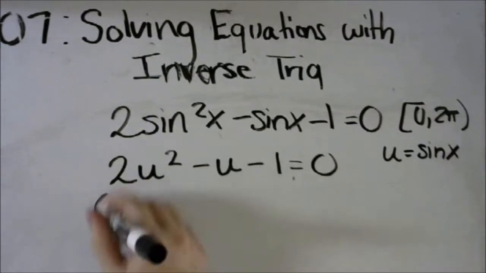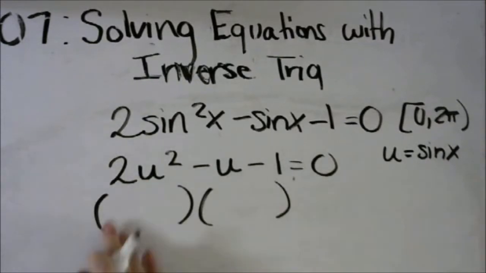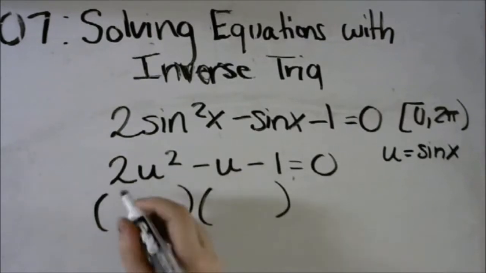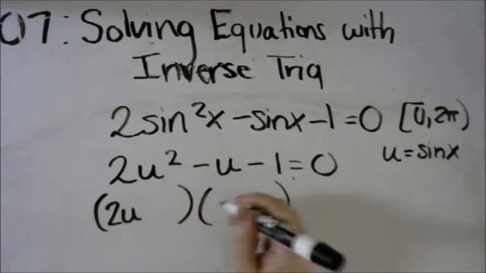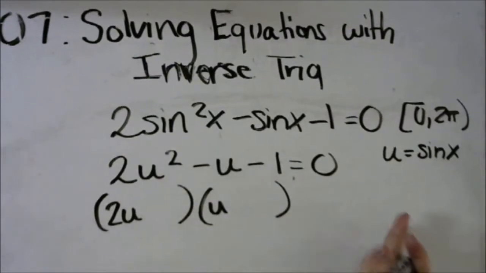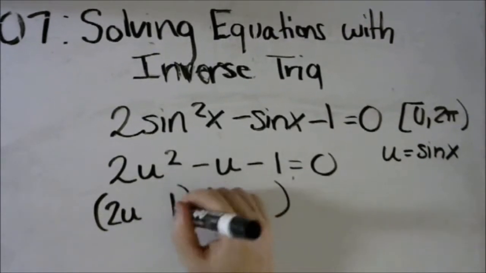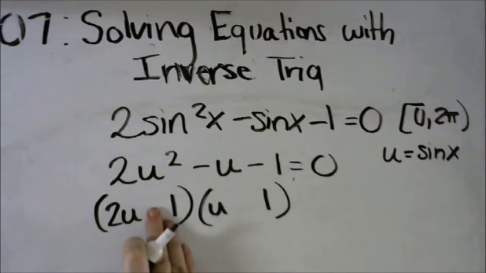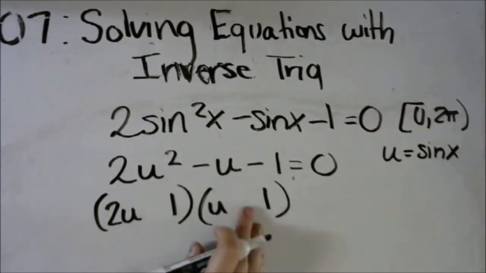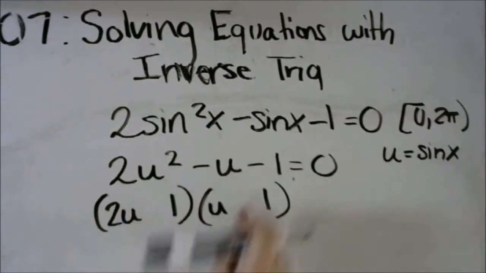Well, now we need to factor this trinomial. I know that one way to get 2u squared is to have 2u times u. And there's only one way to get -1, 1 times -1. The question is, should the 1 be here and the -1 be here, or should the 1 be here and the -1 be here? I'm going to test my solutions.